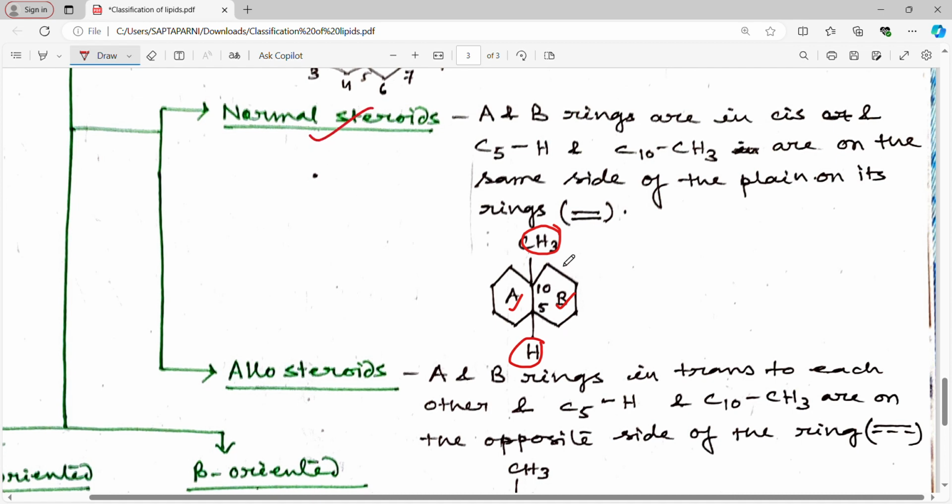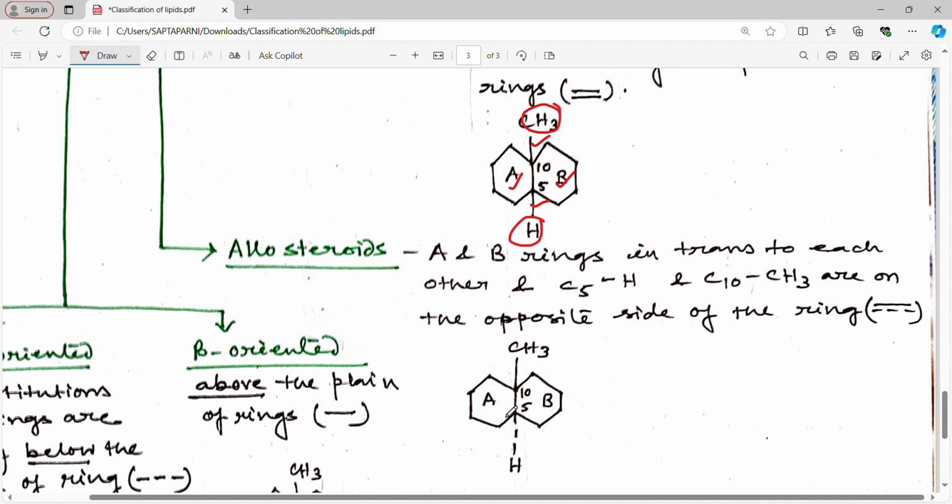When these are in the same plane, we draw a straight line here. But when the A and B rings are in different planes or in trans position, and the C10 methyl group and C5 hydrogen are in different planes, one below the plane and one above the plane, then that kind of steroid is known as allosteroid.